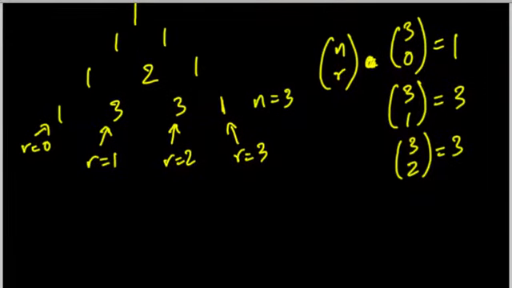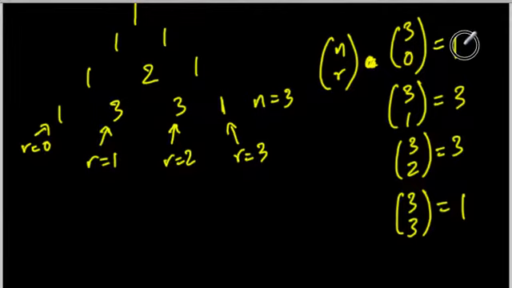And finally, 3 choose 3 is also equal to 1. So it just follows this pattern: 3 choose 0 is 1, which we see right there. 3 choose 1 is 3, which we see right there. 3 choose 2 is 3, which we see right there. And 3 choose 3 is 1, which we see right there.